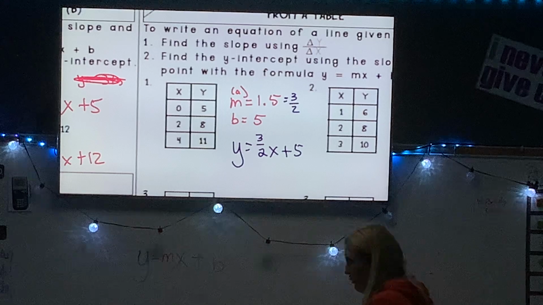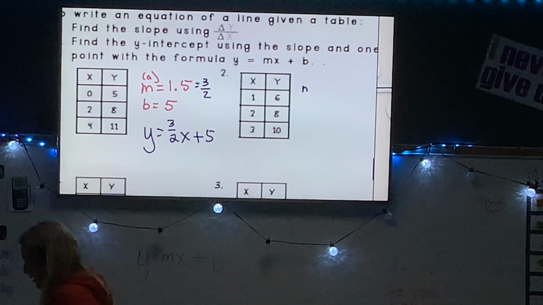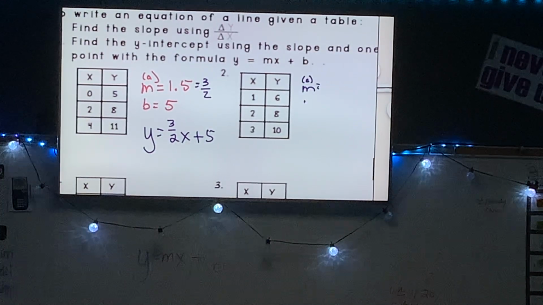Okay, let's do number 2. M, which is your A in your calculator, B. So everybody go to your calculator, throw those in.